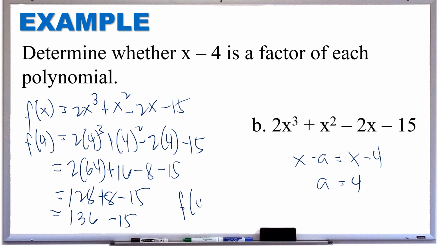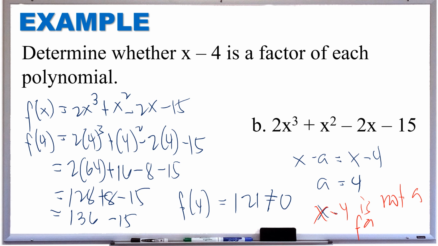Therefore, f of 4 is 121. Since f of 4 is not equal to 0, it follows that x minus 4 is not a factor of f of x.